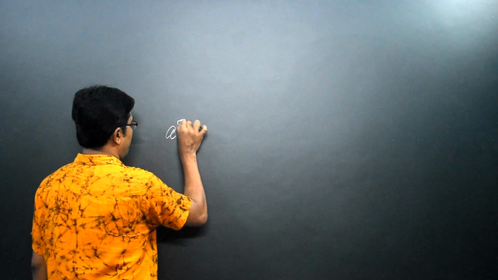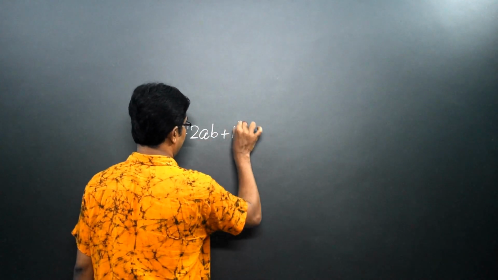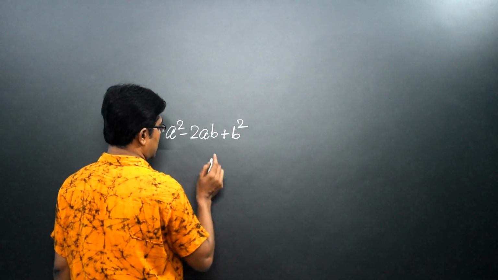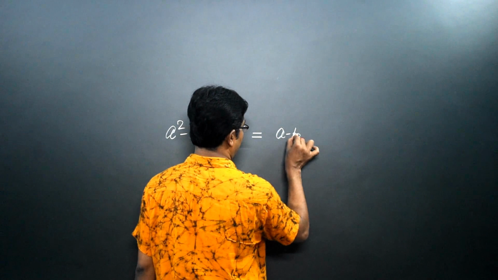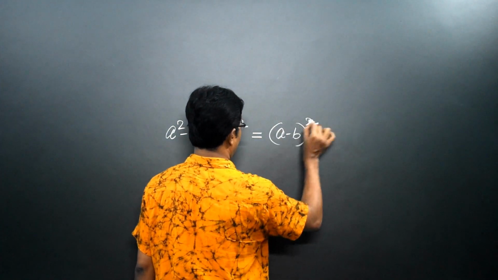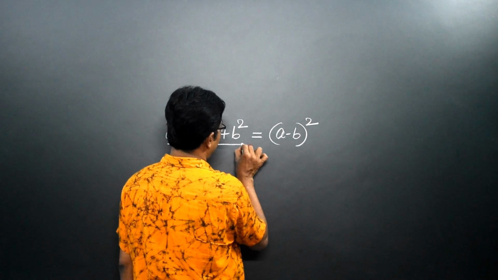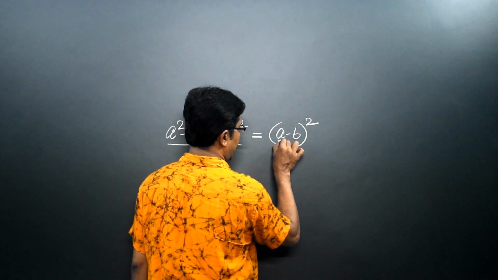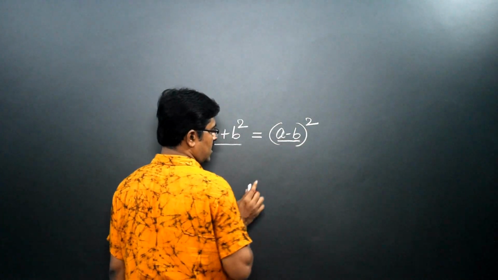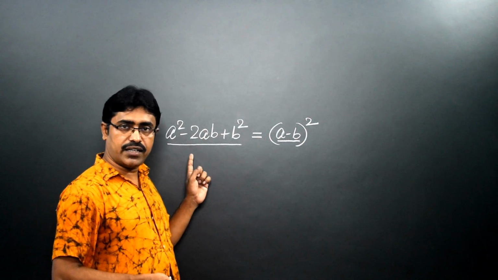For instance, a square minus 2ab plus b square can be expressed as the square of a minus b. Here a minus b is another algebraic expression, so it is a perfect square.